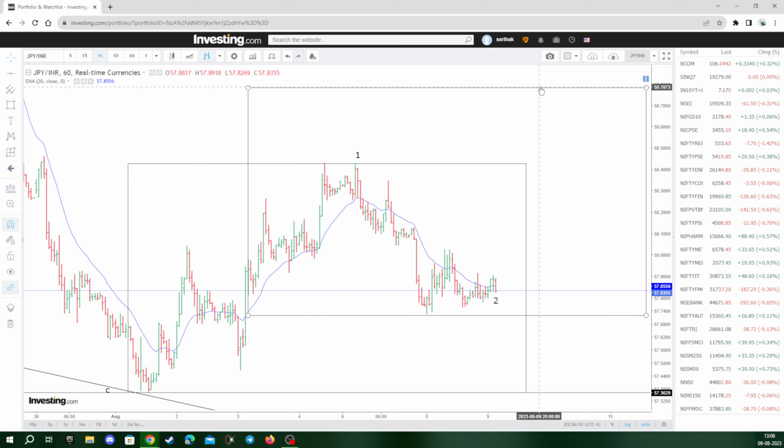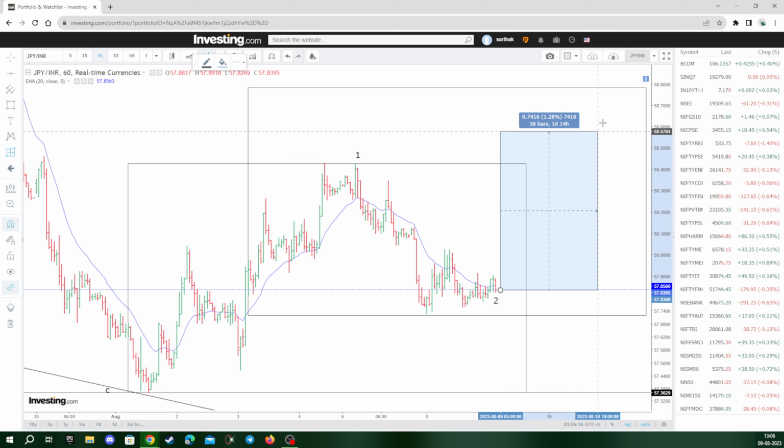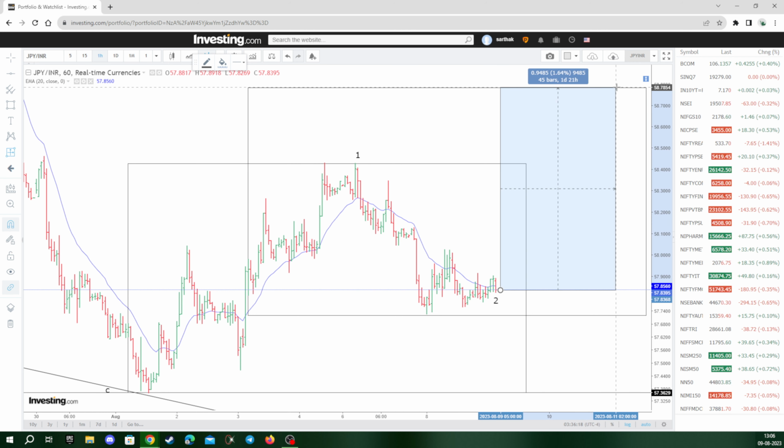So that's almost how much? Let me see. So that's almost 0.94 points from here. And on a currency pair, 0.94 points roughly translates to 1.64%. So that's huge, looking at the lot size and the leverage that is inherent in the currency pair.